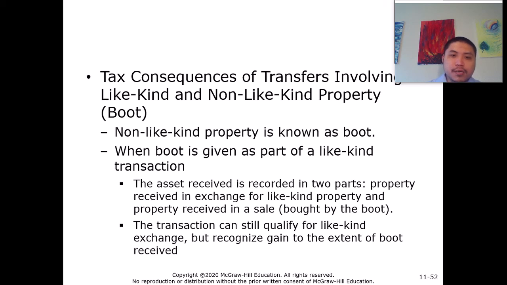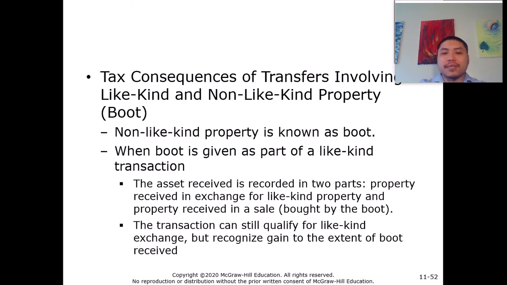Even though a transaction has both like-kind property and non-like-kind property, it can still be considered a like-kind exchange.